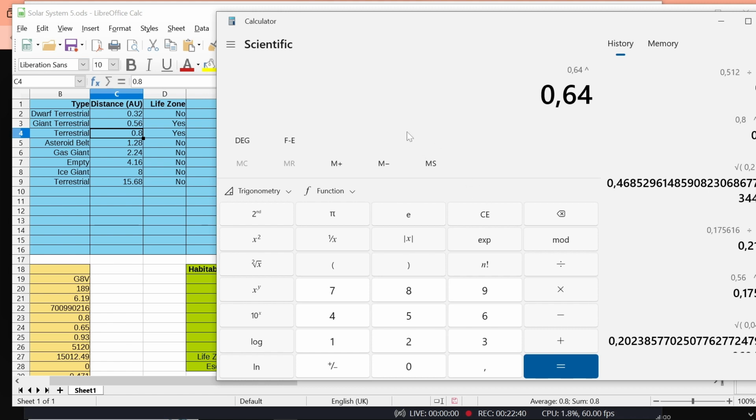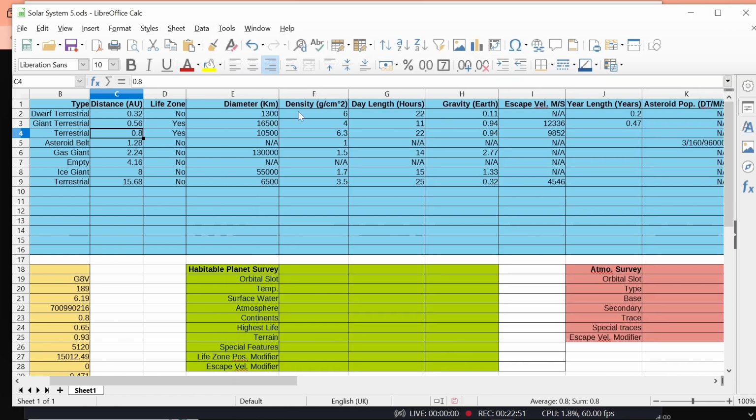I pressed the wrong button, but it doesn't matter. It gives us the right answer. The answer is 0.8. So it takes 0.8 years for our terrestrial to go around the sun.